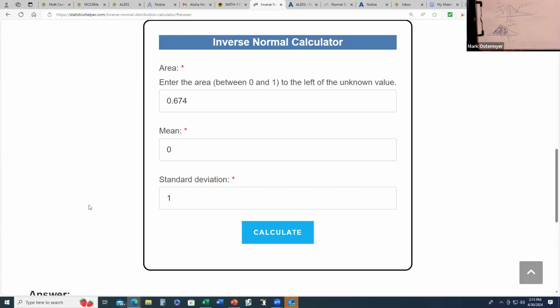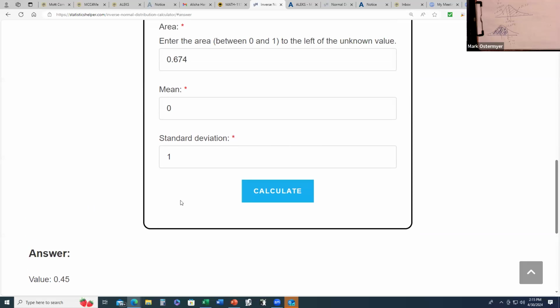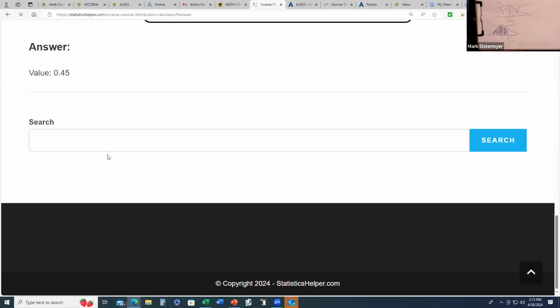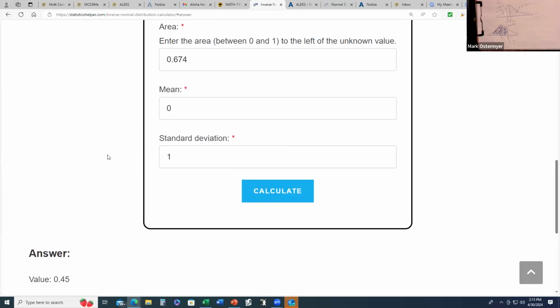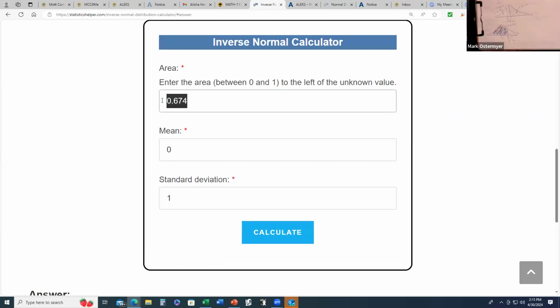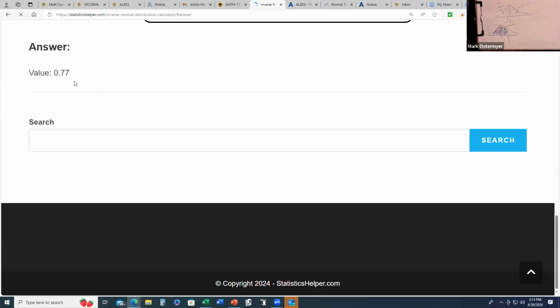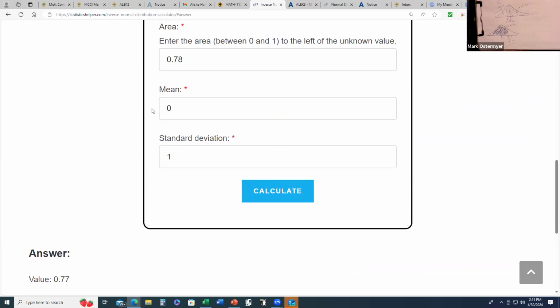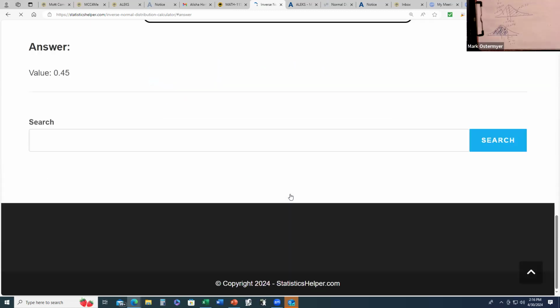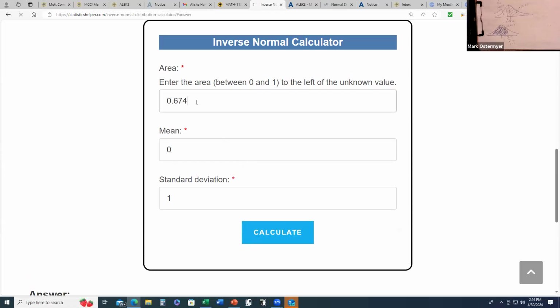0.674. 0.45. That wouldn't be right. Something's wrong. Let me try this. See, this one's better, 0.78. Let me try this, 0.674. All right, I think I might know what's going on here.